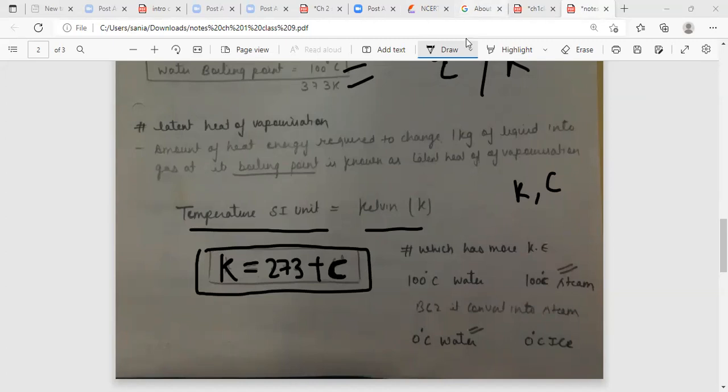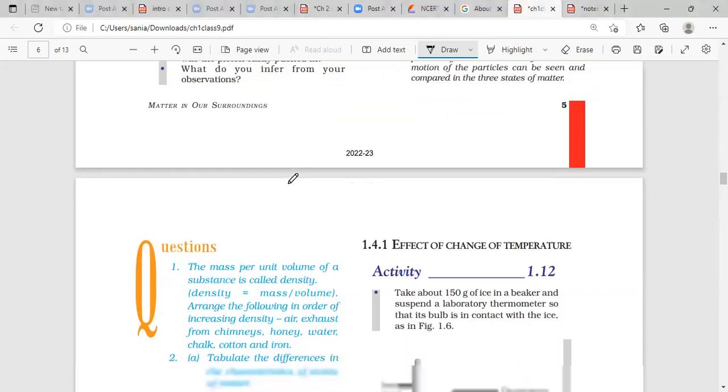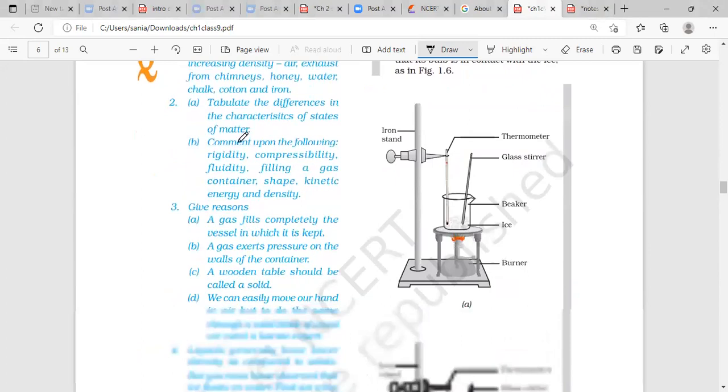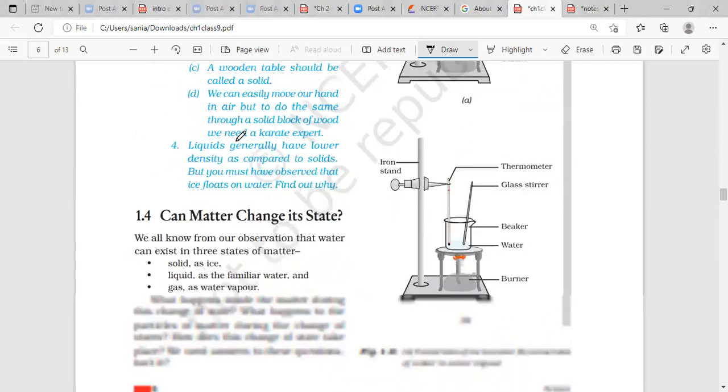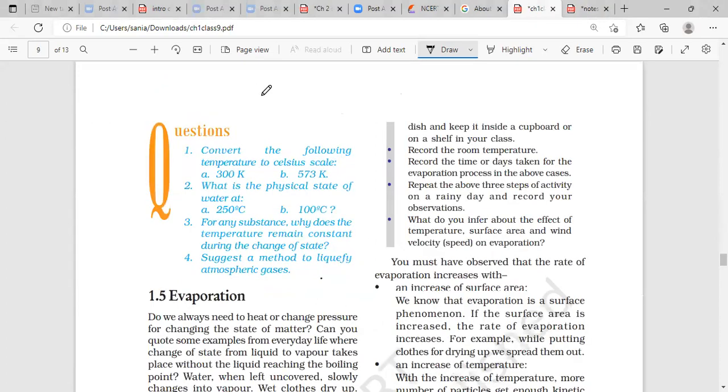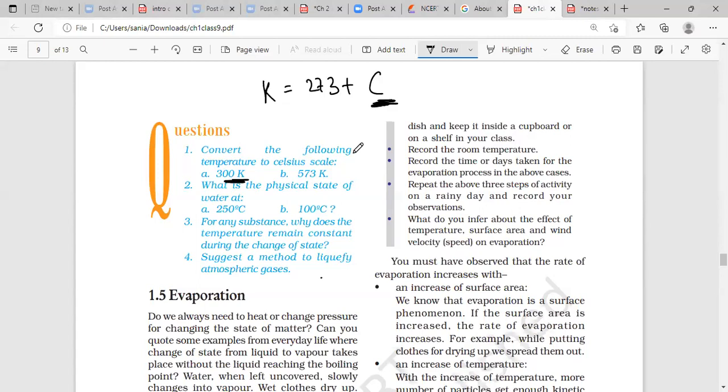Okay. Now, over here, this one we have done. We were doing this. See, this is the question. They are asking to convert the following temperature to Celsius scale. So you know the equation: K equals 273 plus C. This is given in K. Can you find the C? Both of you. Yes, ma'am.